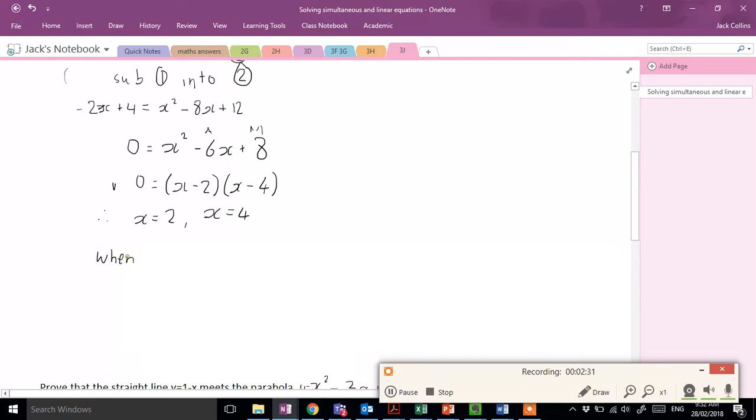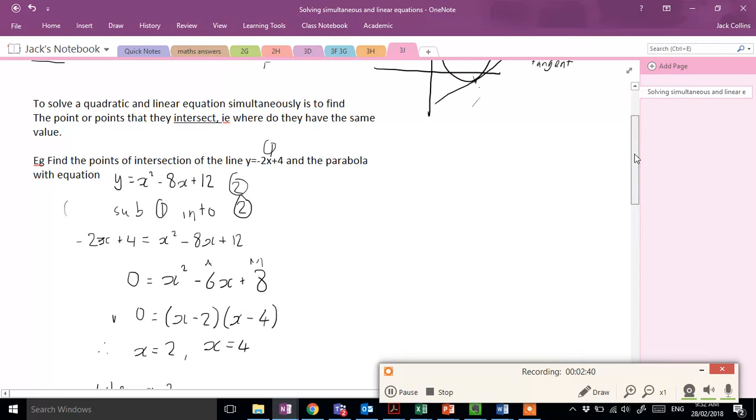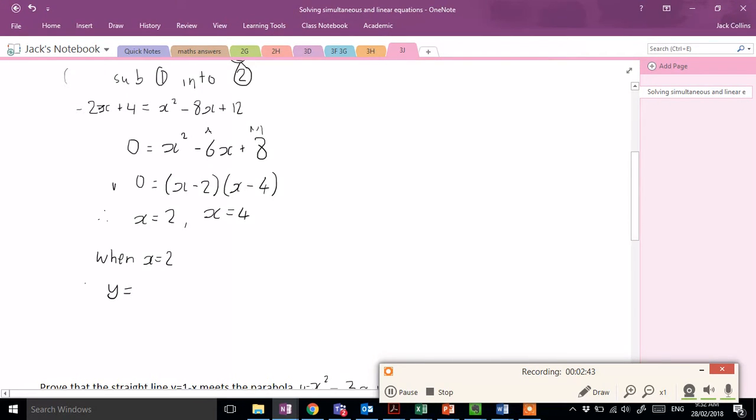So when x equals 2, y is equal to, go back to the linear equation, y equals negative 2x plus 4, in this case negative 2 outside of 2 plus 4, just substituting in this value here. So that's negative 4 plus 4, y is equal to 0, and when x equals 4, y is equal to negative 2 outside of 4 plus 4, negative 8 plus 4, y is equal to negative 4.